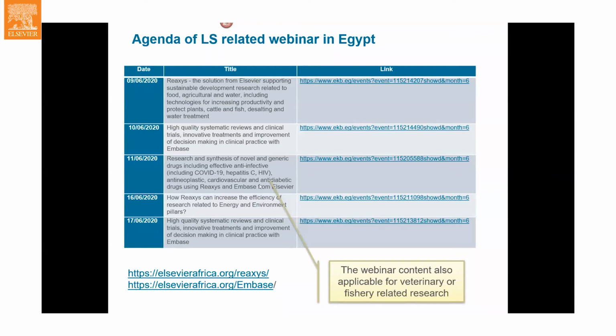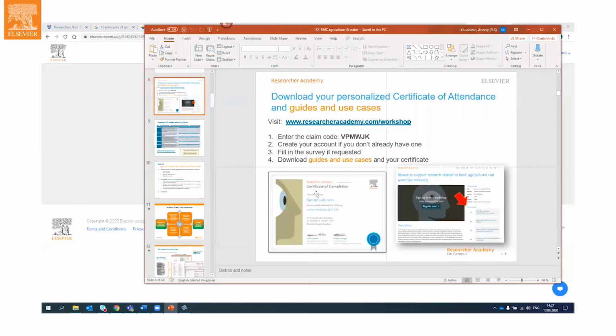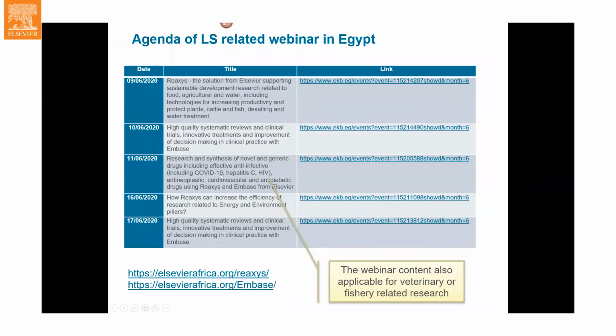Tomorrow we will have a very specific and advanced webinar with detailed workflows and ideas how the medicinal chemical database Reaxys and the database with clinical evidence Embase can support research of drug development for novel and generic drugs, and mainly it would be focused on the development of anti-infective drugs, for example, against COVID, against hepatitis, against HIV, but the approach that would be presented tomorrow is also applicable to other types of drugs, for example, antineoplastics, cardiovascular, antidiabetics.